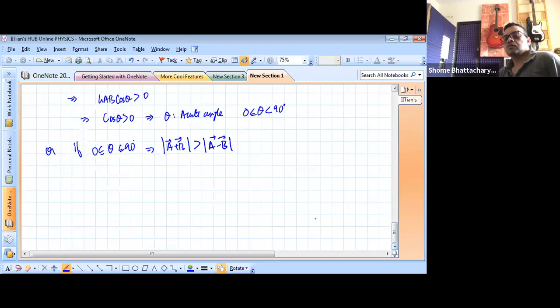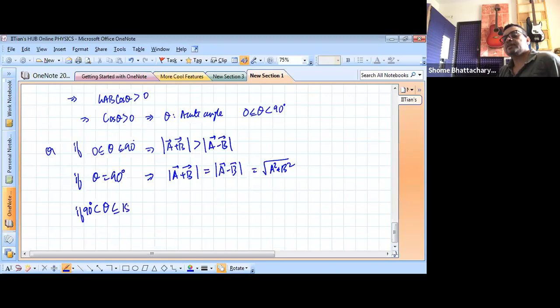Also, it's worth remembering that if theta is exactly equal to 90 degrees, then A plus B has a magnitude exactly equal to A minus B. And that magnitude is in fact equal to root of A square plus B square. Okay. And also, if theta is greater than 90 but less than or equal to 180 degrees, so obtuse angle, then what happens is that A plus B becomes less than A minus B in magnitude. Okay.